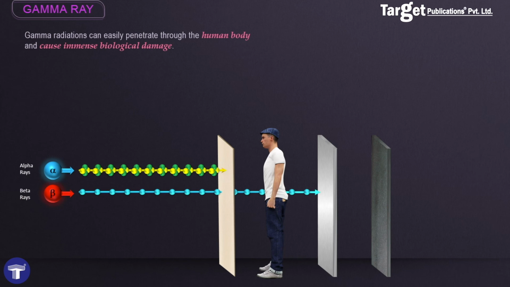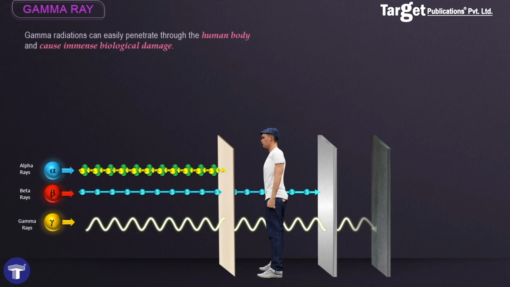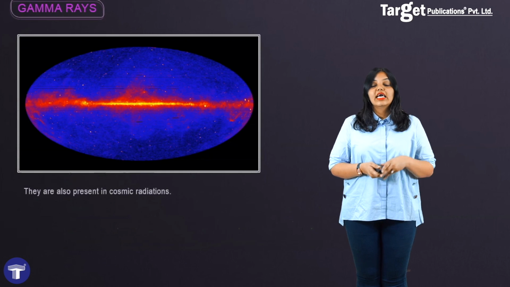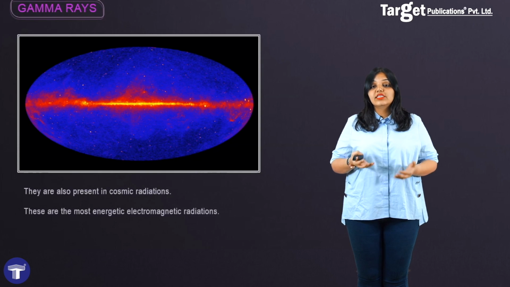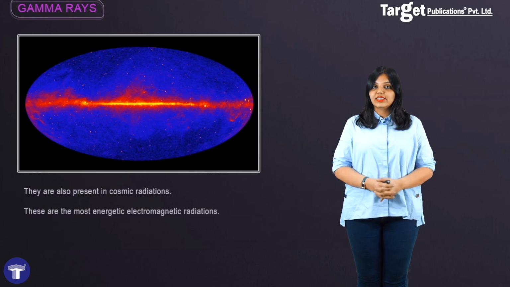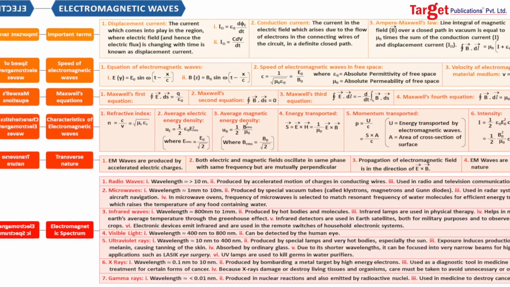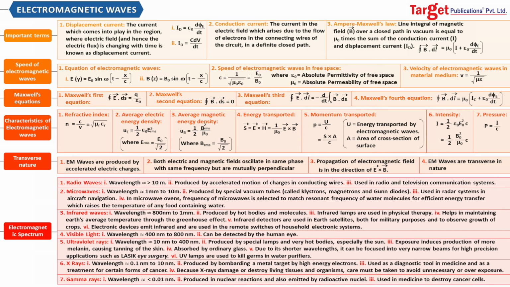In fact, they are so penetrating that they can penetrate through metallic sheets as thick as 30 centimeter thick iron, and therefore their exposure to the human body must definitely be controlled. Gamma rays are also present in cosmic radiations and are the most energetic type of electromagnetic radiations that we know of. So this completes all the concepts that I wanted to talk about under the umbrella of electromagnetic waves.